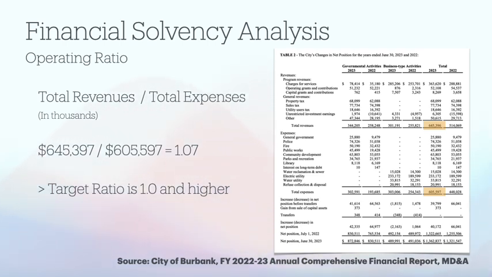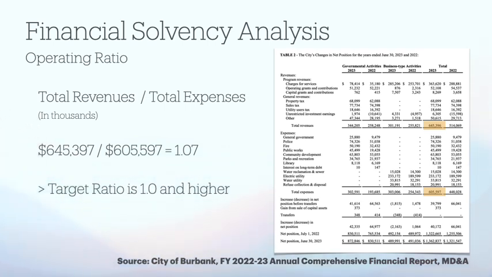The first financial solvency ratio that we can take a look at is the operating ratio, which is a budget solvency ratio that compares the city's total revenues to its total expenses. For both the city's governmental activities and business type activities for fiscal year 22-23, the total revenues is $645,397,000 and the total expenses is $605,597,000, which yields a ratio of 1.07.